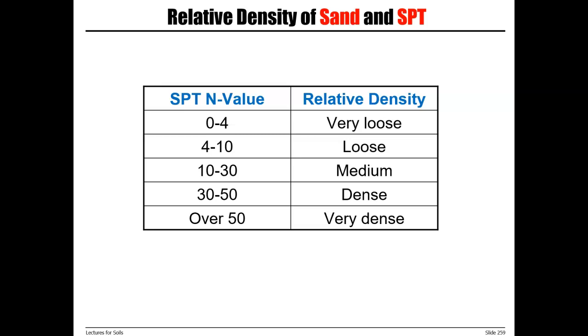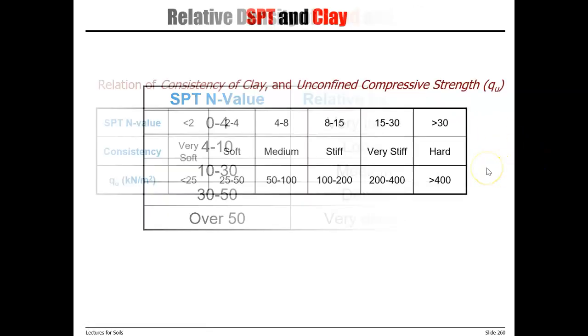A higher SPT N value means it is harder for the rod to penetrate into the soil, which means that we have a denser material. So if we have an SPT value, we have a relative density, and we can describe our sandy soil.